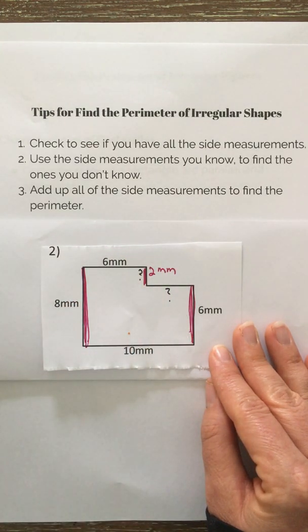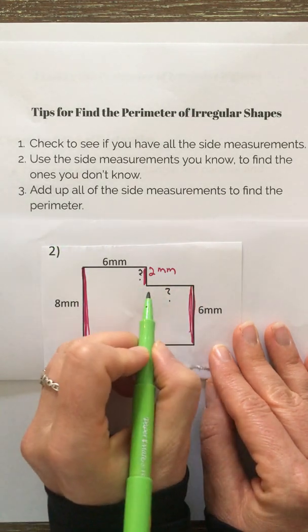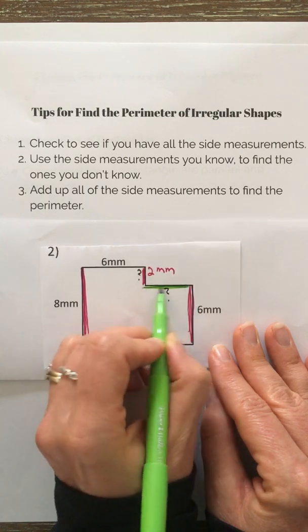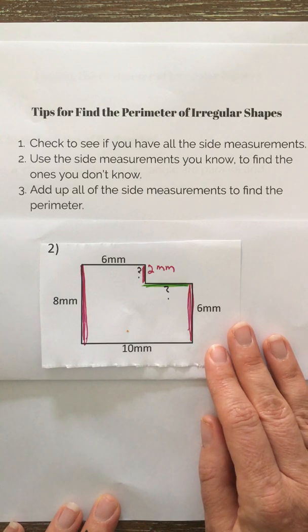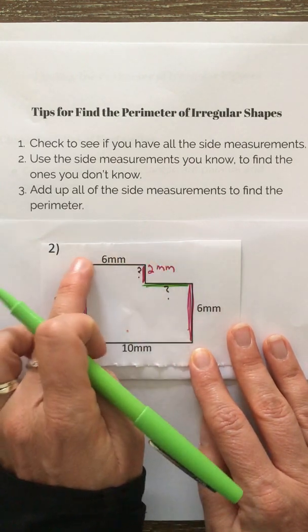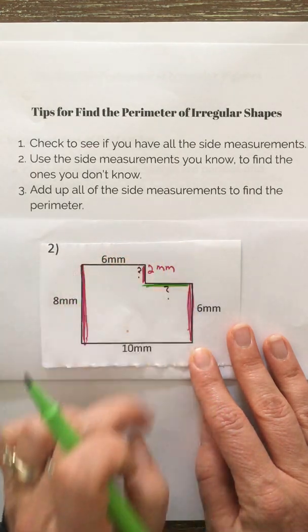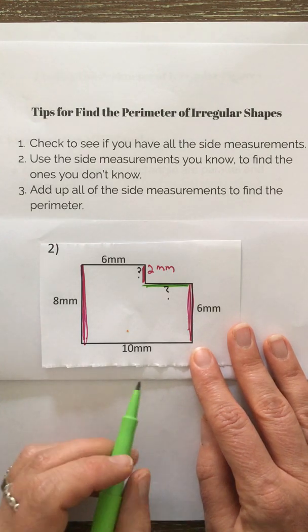I'm not done because I have to find my other missing side length right here. And this line runs horizontally. So I know I'm going to shade a different color because it's running the opposite direction. So if I stretch this way up here, it would connect with this line. So this line and this line, they would be considered the same if we made one large rectangle.